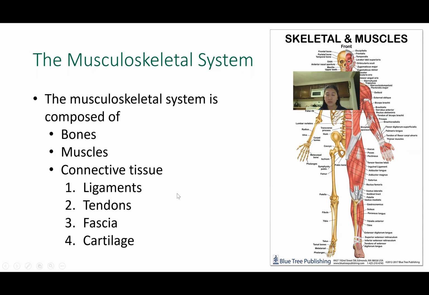If those terms sound foreign to you, you shouldn't be worried about it at this point. We're going to hopefully break it down and talk about it in enough detail for you to understand the musculoskeletal system so that you can apply it in terms of physical ergonomics and biomechanics.